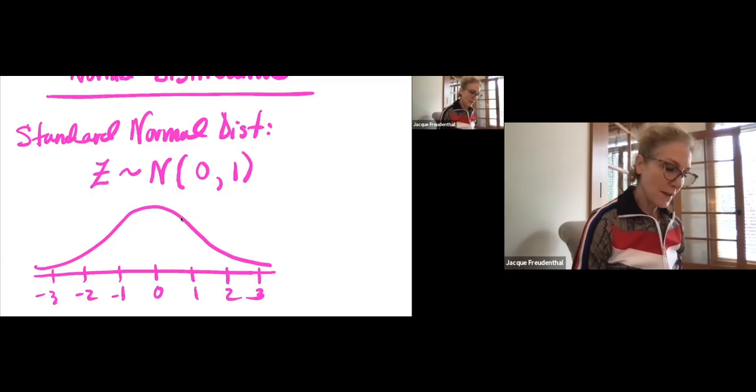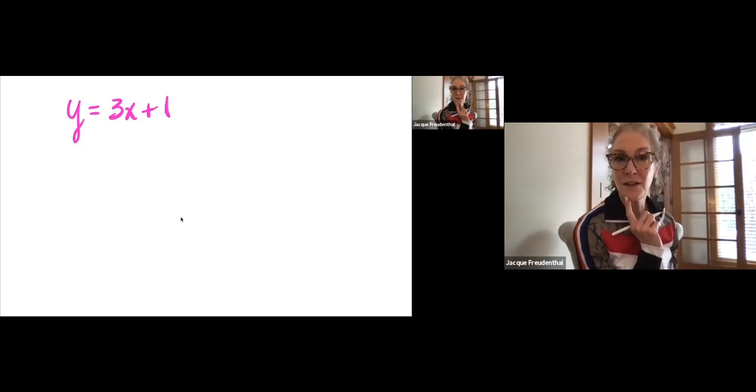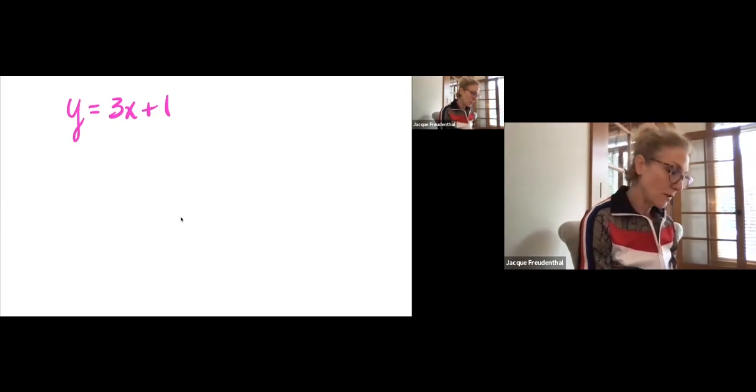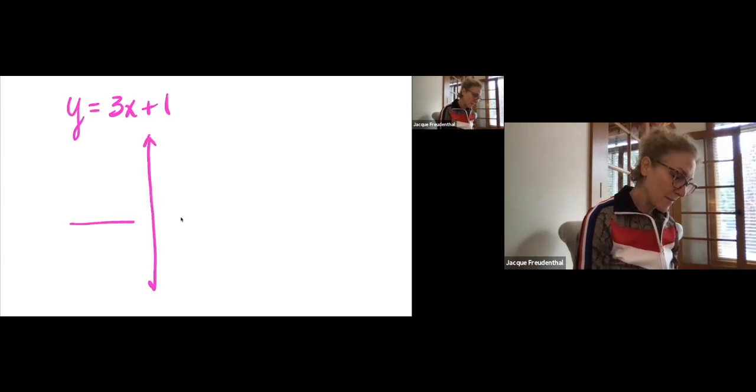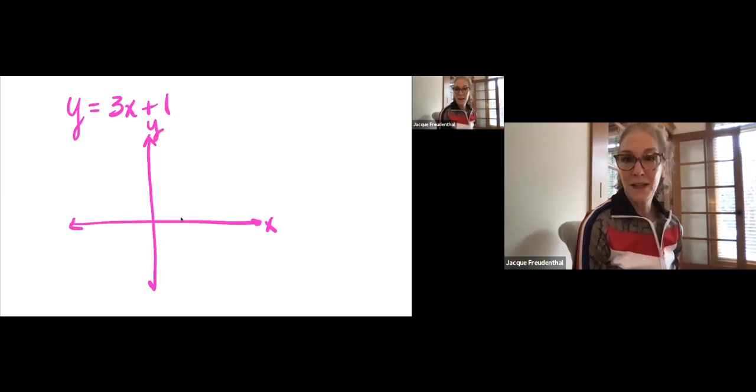Okay, let me take a very short little jaunt off to the side. If I give you this equation, you know that it is a linear equation, and you can recognize right away that it's in the form y equals mx plus b. You know that the graph will be a straight line.